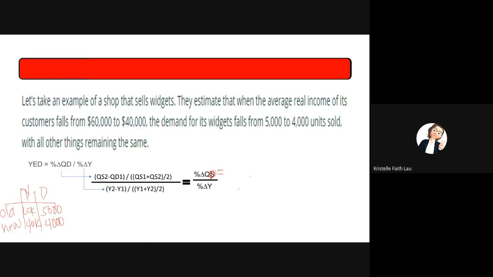For the demand, we have open close parentheses, 4,000 minus 5,000, divide natin siya sa 5,000 plus 4,000, then divide sa 2, equals.